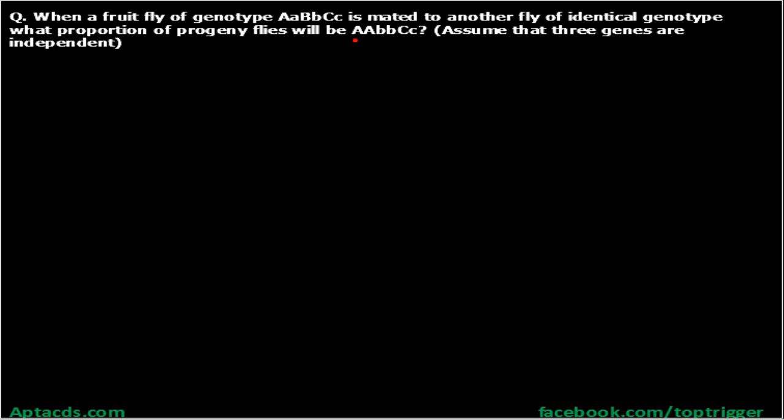Now here we are going to have a progeny with a typical genotype, that is capital A, small b, small b, and capital C, small c. Now the cross we have to study is a typical trihybrid cross, and this is going to be crossed with the same one.